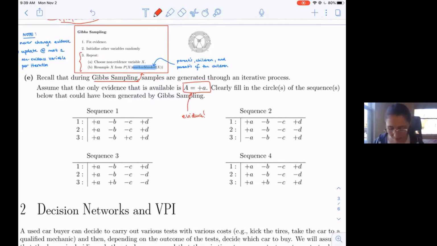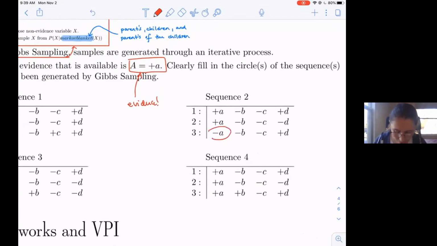So if we look at any of these four sequences and see that the value of plus A has changed, immediately we know this couldn't have come from Gibbs sampling. It turns out that sequence 2 violates this. Right here in the third iteration, A suddenly goes from plus A to minus A. So this sequence could not be generated by Gibbs sampling because it changes evidence. So not from Gibbs.